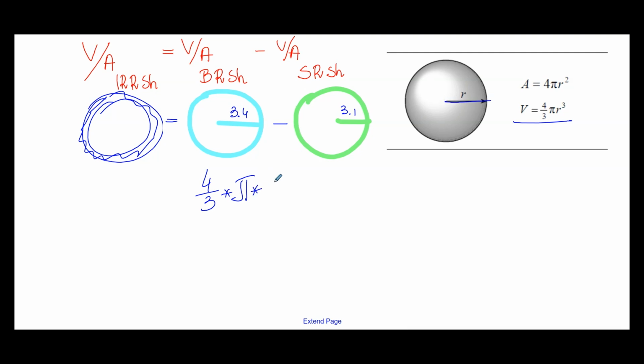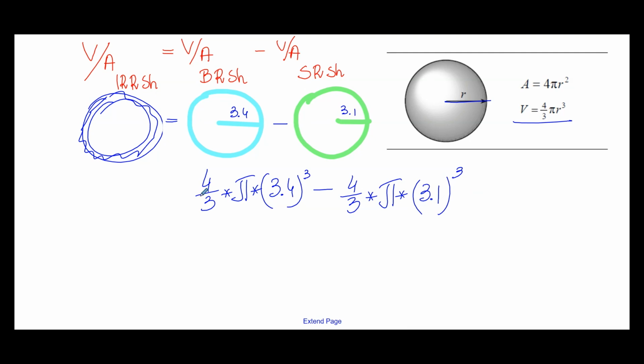The radius of the big one is 3.4, taken to the power of 3, minus the volume of the small one: 4/3 multiplied by pi multiplied by the radius, here 3.1, taken to the power of 3.